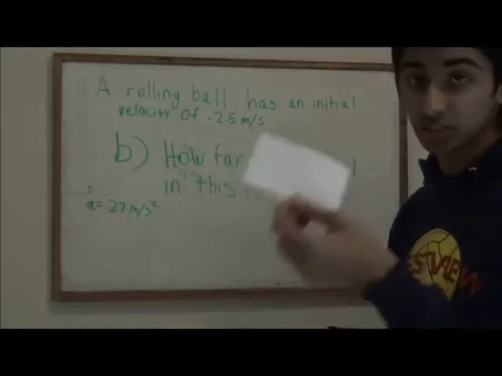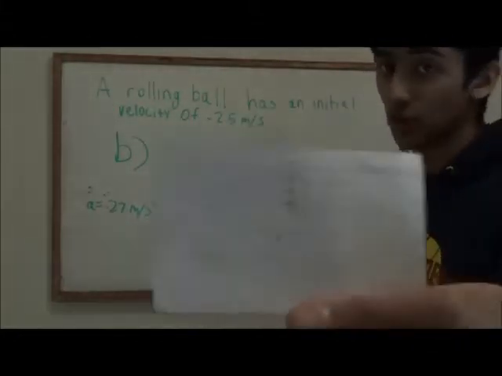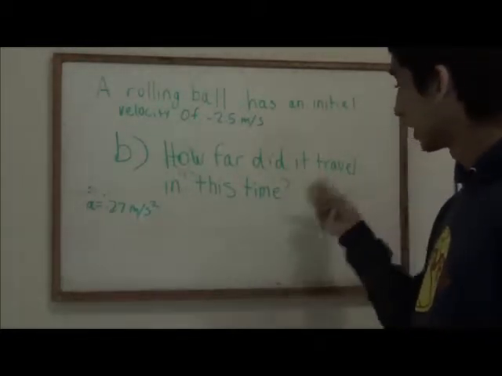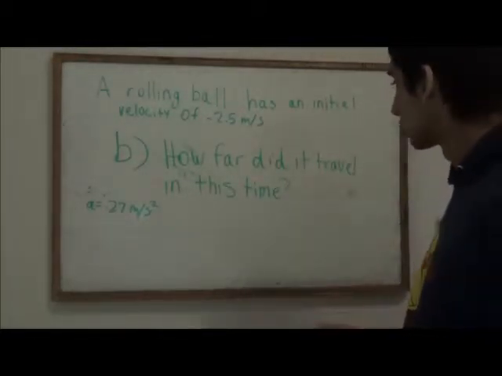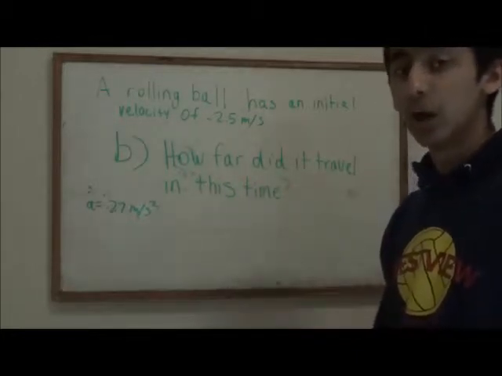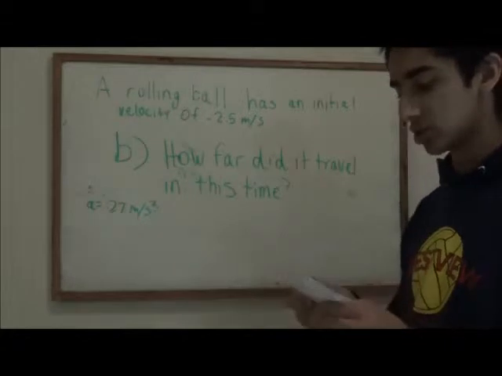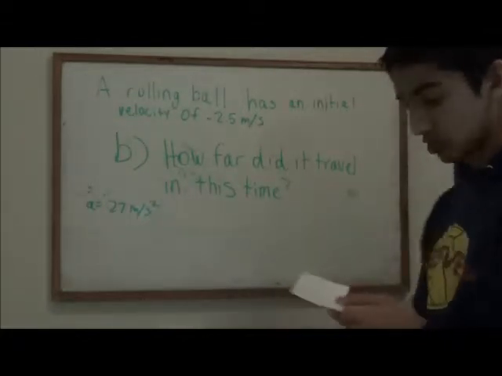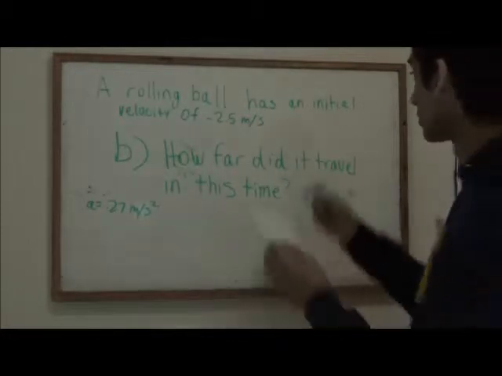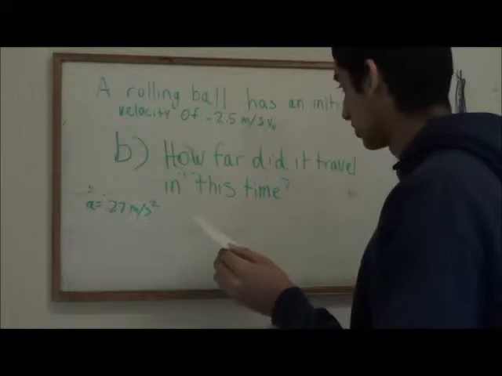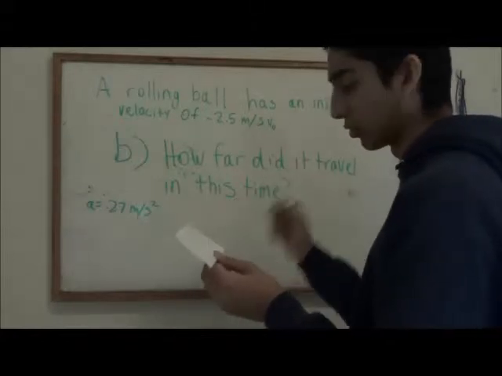Okay, so now using my equations note card again, I will find an equation to find the answer to this. How far did it travel in this time? Knowing how far, I know that's a distance formula. This is the original velocity, and t, I know t was 4.